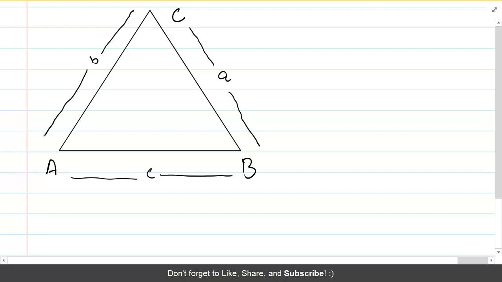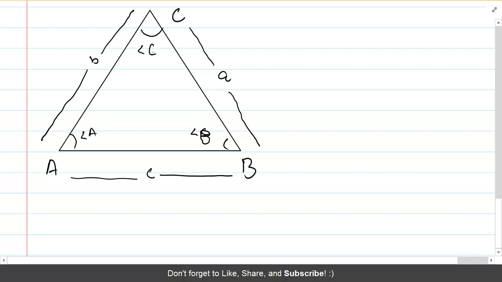So these are little conventions in the world of mathematics. And obviously then the angles are here. You can call them angle A, angle B here, and this is angle C here.